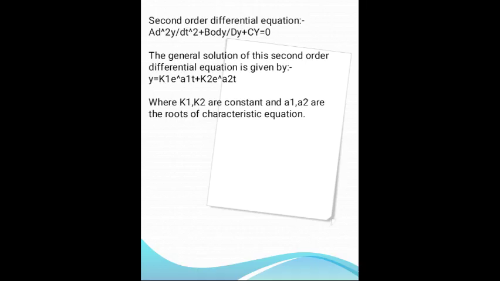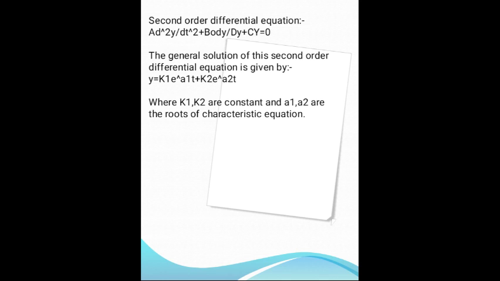Now second order differential equations. The order of a differential equation is defined by the maximum derivative in the equation. It means if the equation consists of maximum derivative dx/dt, then the order of the equation is 1. If the maximum derivative is d²x/dt², then the order of such an equation is 2.